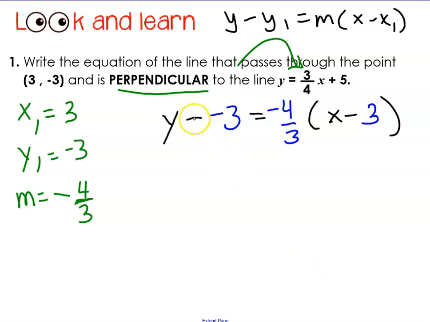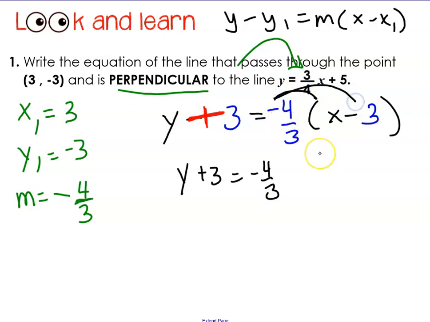Don't forget, if you have two minuses in a row, make it one giant positive sign. So y plus 3 equals negative 4/3, and don't forget to distribute here. Use a calculator if you need to. Negative 4 times minus 3 is positive 12. Positive 12 divided by 3 is 4.